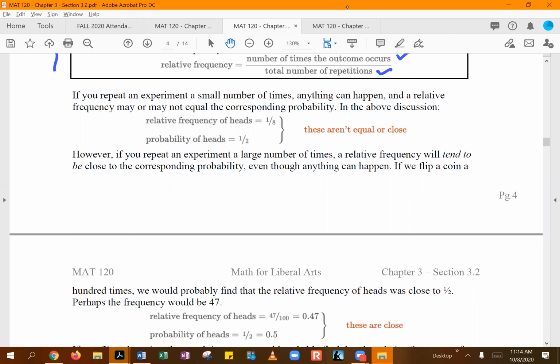The idea is, however, if you do this experiment a small number of times, yes, your relative frequency may or may not be equal to your theoretical probability.